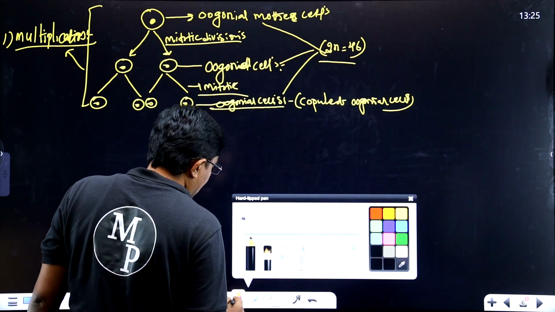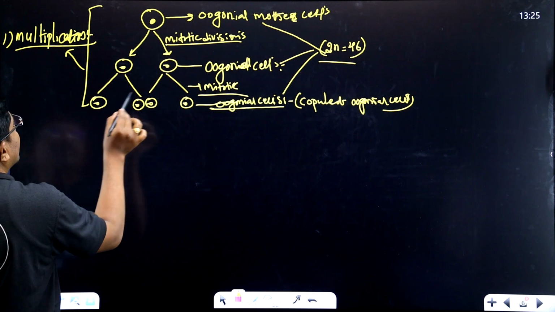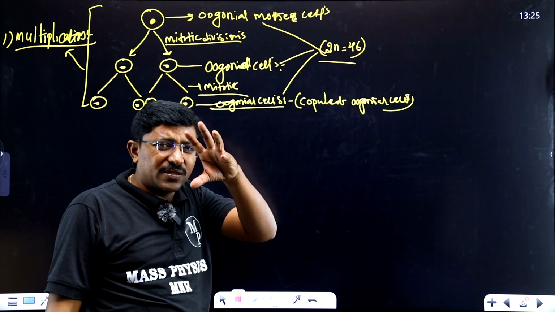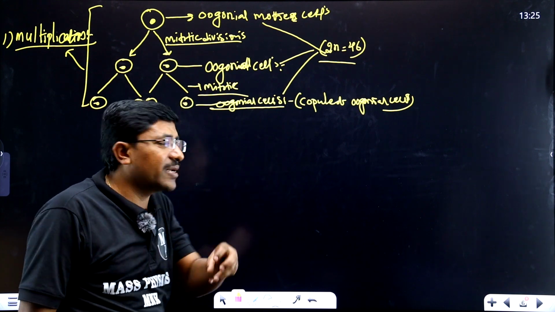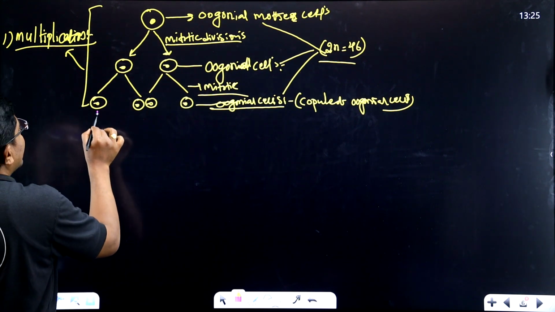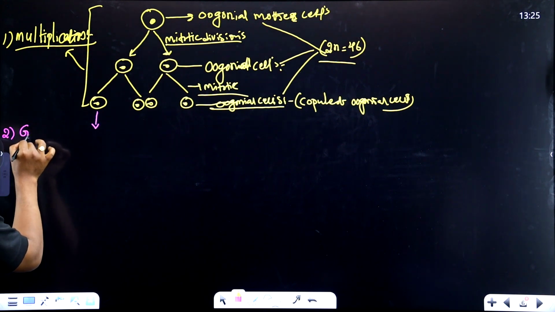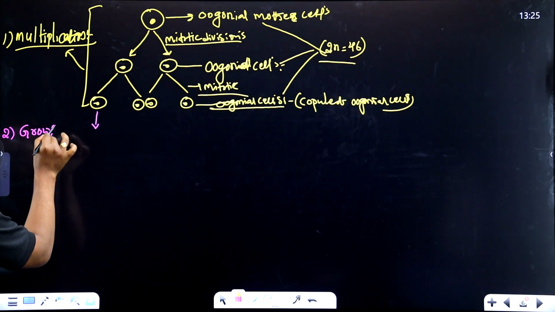After that, by the repeated divisions, small-sized cells are formed. Then all these cells enter the growth phase.